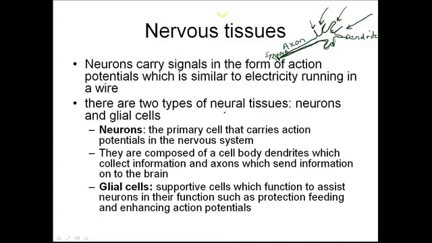So there are two types of neural tissues. Neurons, that's this. That's your basic cell. That's the party. That's where the electricity flows. And then we have glial cells. The glial cells are supporting cells because your neurons don't reproduce.